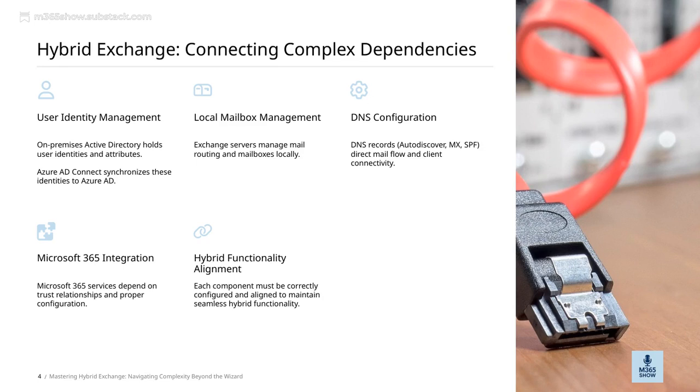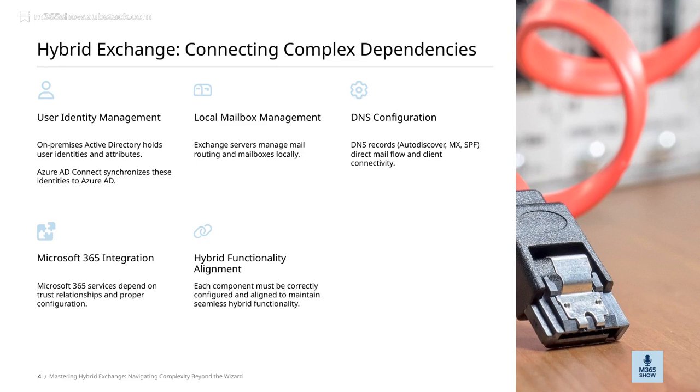On the user identity side, our on-premises Active Directory stores all user identities and attributes. To keep everything synchronized and consistent across environments, we use Azure AD Connect. This tool ensures that user identities and attributes are mirrored accurately in Azure AD, maintaining a unified identity management experience.